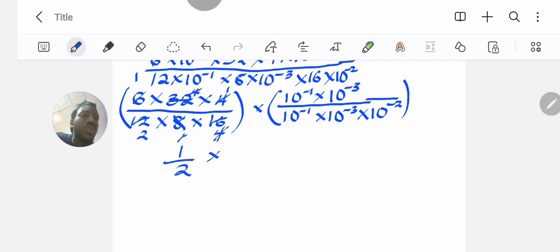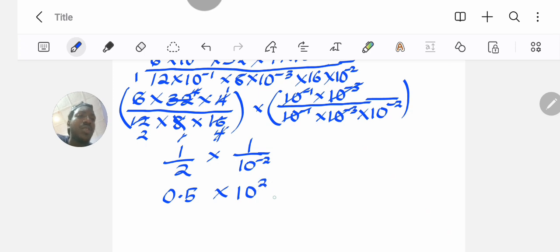Now, this can cancel this, this can cancel this. So you are left with 1 over 10 raised to the power of minus 2. 1 over 2 is going to give you 0.5. If you use your calculator to confirm that, times 10 raised to the power of, minus 2 goes up, it becomes 2.